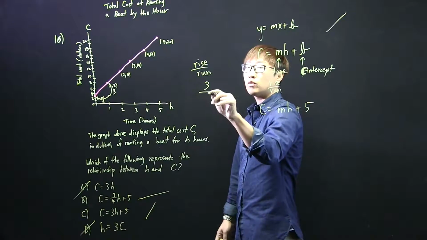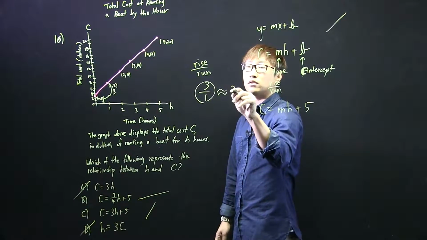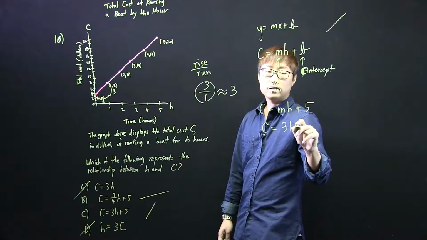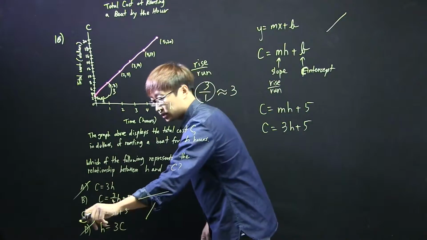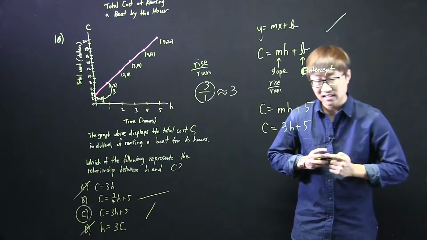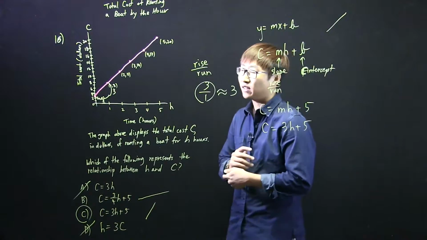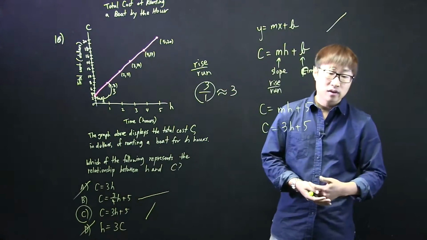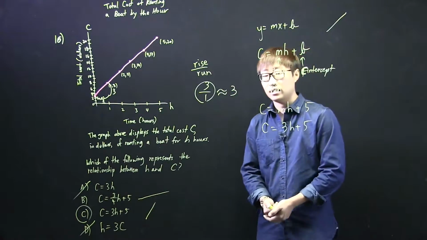The rise was 3, run was 1, so roughly about slope of 3. So as we guessed, our answer is choice C. You guys realize when you were between B and C, you really didn't have to do much math because one is very obviously flat line and the other one is very obviously steep line.